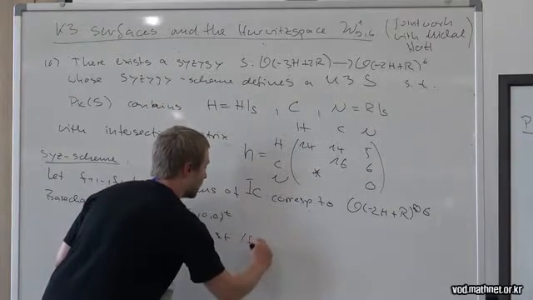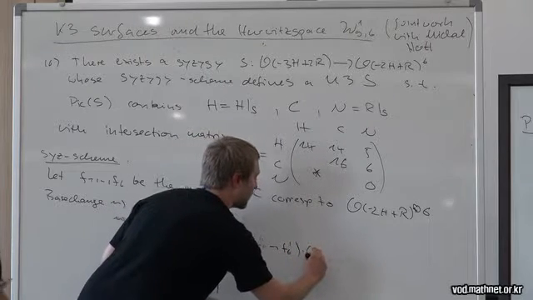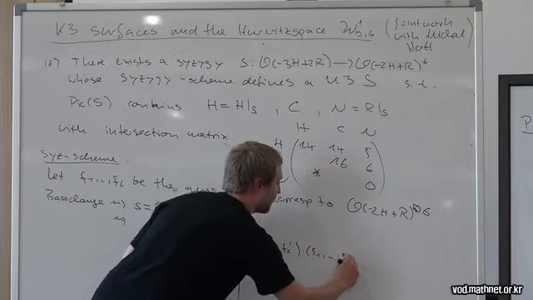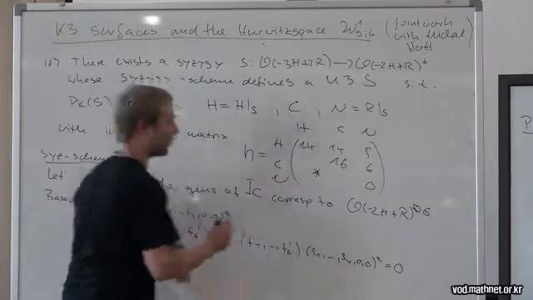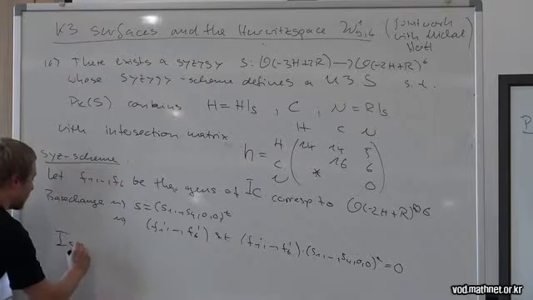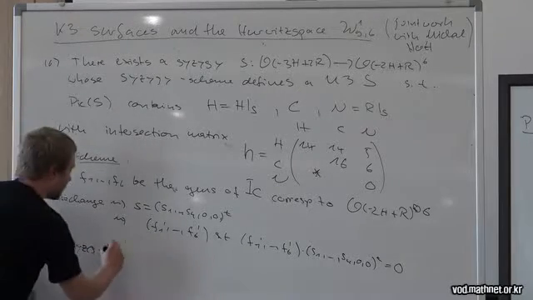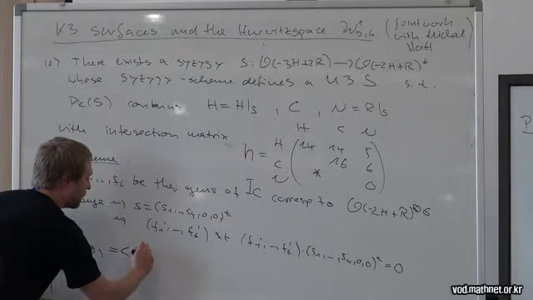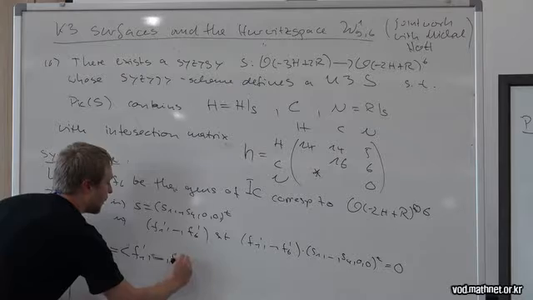So F1 prime up to F6 prime times S1 up to S4, 0, 0 transpose is 0. And the syzygy scheme defined by this syzygy S is just the ideal generated by F1 prime up to F4 prime.